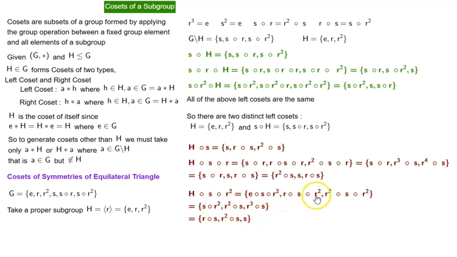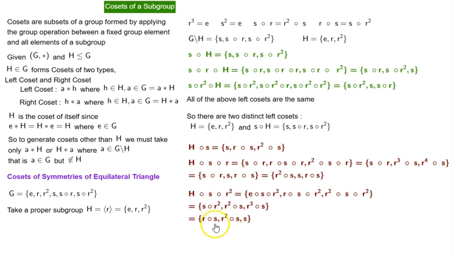Now R times S times R square, how do we simplify this? Take it again right to left. S times R square is R times S. So we have R times R times S, which is R square times S. Now R square times S times R square. So here S times R square is R times S. So we have R square times R times S, which is R cube times S.